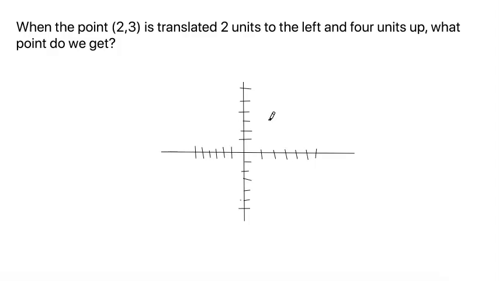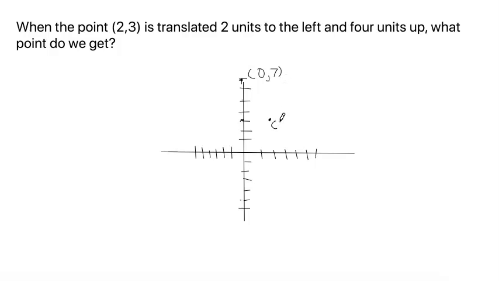So here's your point. So translated 2 units to the left. So 1. So now we get here and 4 units up. 1, 2, 3. Draw a 7th marker. Up. So what do we get? Our final point is 0, 7.